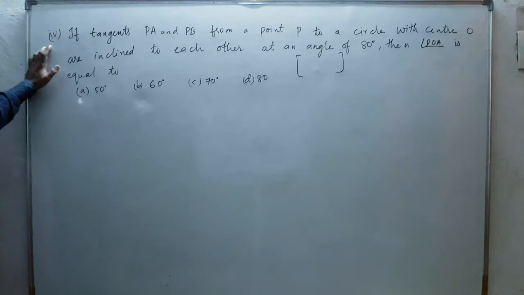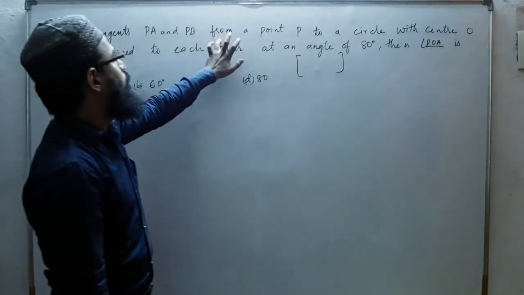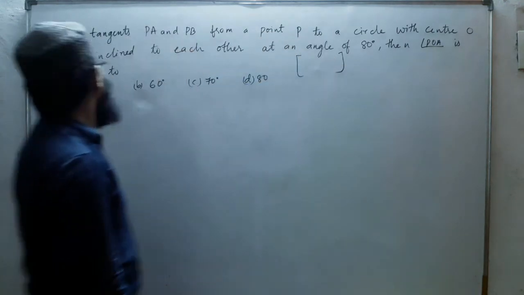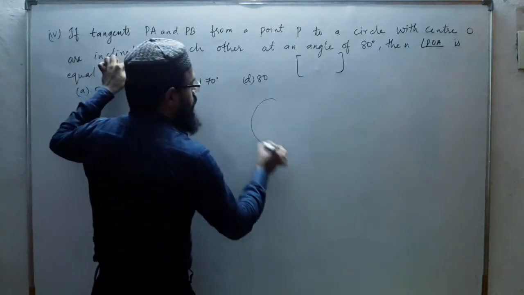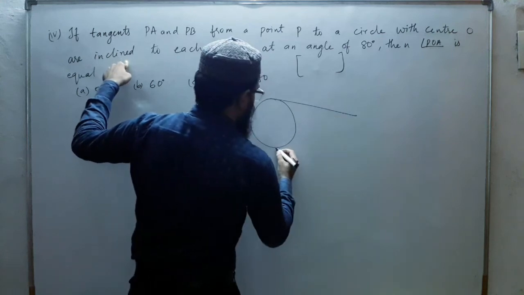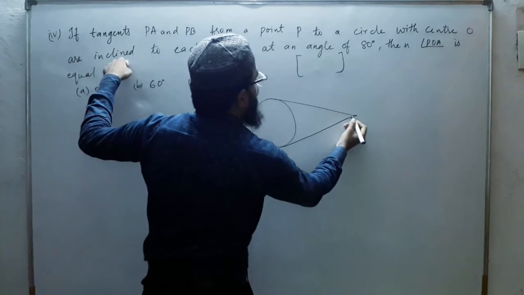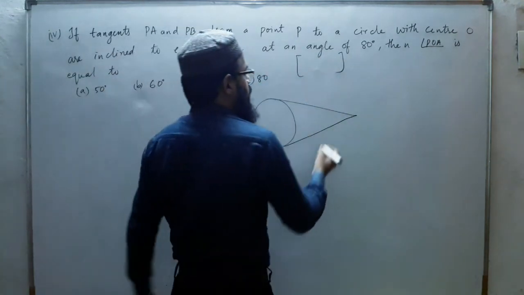It is the fourth bit. In this they said that if tangents PA and PB from a point P to a circle with center O are inclined, that means from a circle the two tangents are meeting or inclined to each other at an angle of 80 degrees.